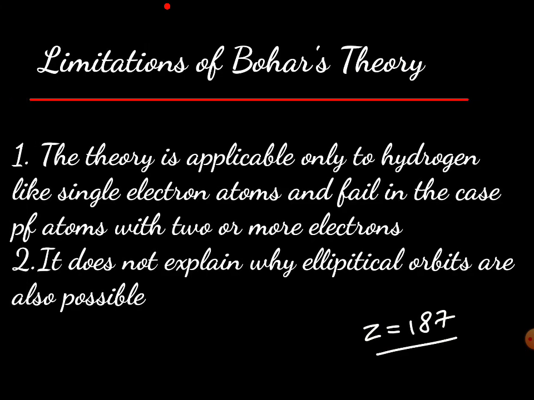So what was the problem? What were the limitations of Bohr's theory? Bohr's theory could not explain atoms which had many protons or many electrons. It is only applicable to hydrogen-like single electron atoms. It did not explain why only circular orbits are possible but not elliptical orbits.